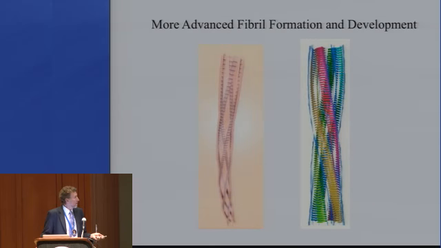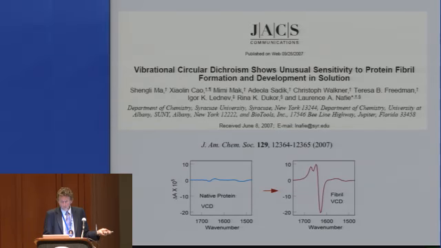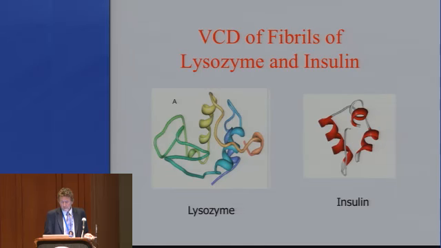And fibril filaments, which are the individual strands, these are 4 different filaments, can braid and twist. And when they do that, when they form and braid and twist, the VCD grows by 1 to 2 orders of magnitude. And this is a paper that first reported that.